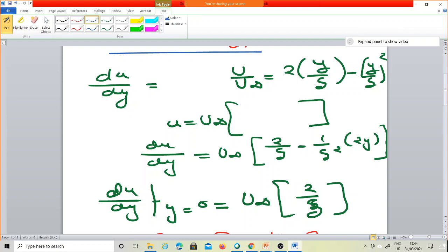So dy by dy is 1. And then in this case 1 by delta square, you have y square, so you differentiate y square, it will be 2y. So y is 0 because the condition is like this. So if you put y equals 0, you have 2 by delta.